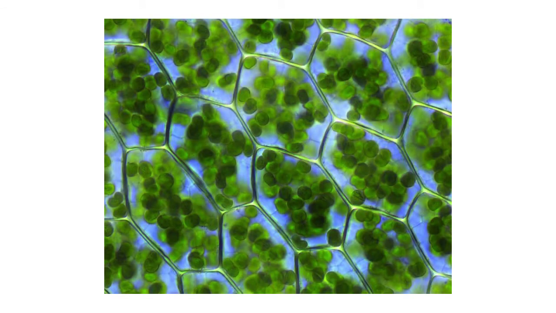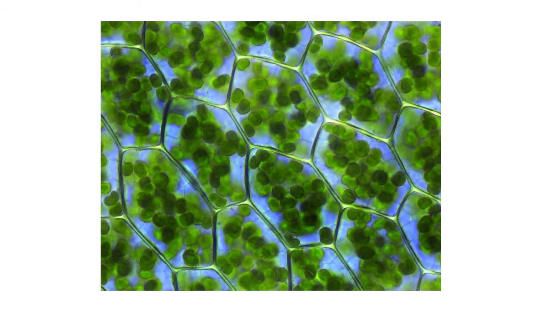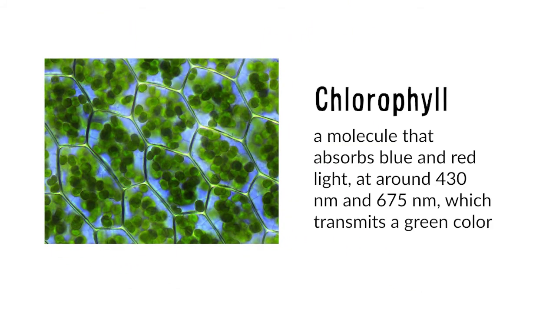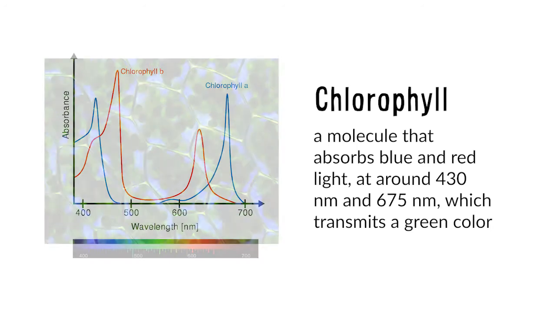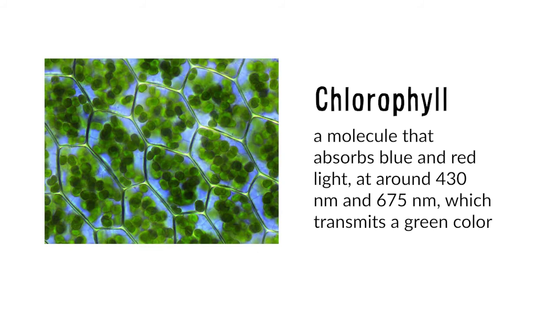But to convert the solar energy into usable chemical energy, molecules sensitive to light called pigments come into play. The popularly known pigment which is used by plants, algae, and cyanobacteria is chlorophyll, a molecule that absorbs blue and red light at around 430 nanometers and 675 nanometers respectively, which transmits a green color.